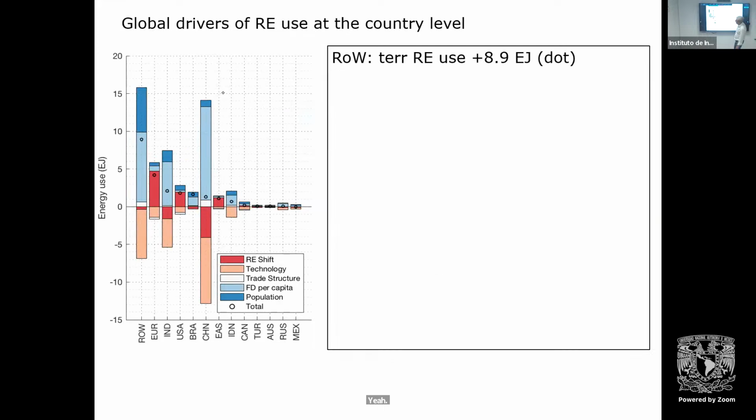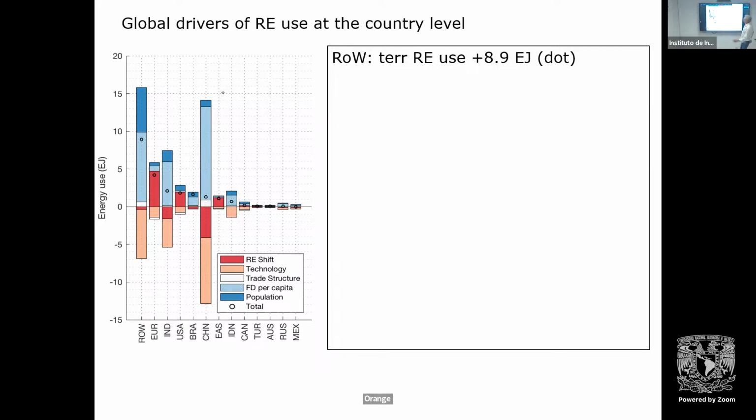Here we go now to the separate countries. That is interesting because there you see a different pattern. We have dark blue as population, light blue is affluence, final demand per capita. White is trade structure. Technology is orangey, and red is transition.